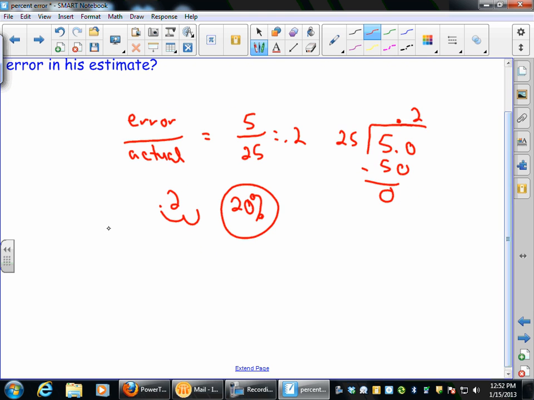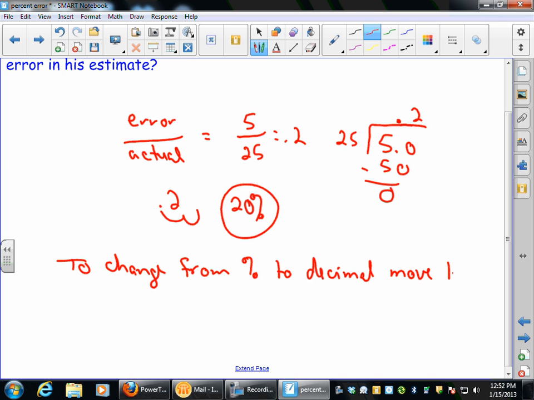So real quick, write this down. To change from percent to decimal, move the decimal 2 places to the left.